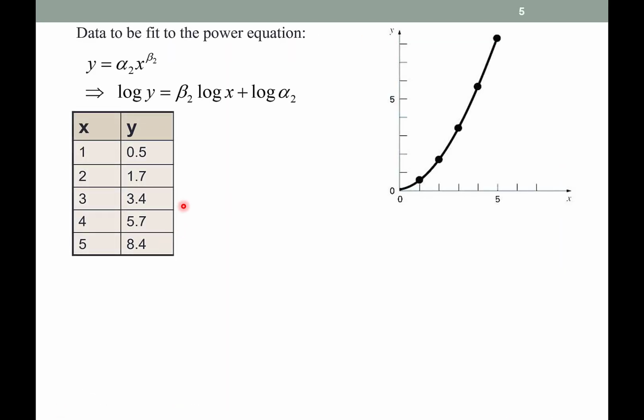Here we have an example where we're using the power model. We have y equals alpha x to the beta 2, and we linearize it by taking the log of both sides. And you can see here log y equals beta 2 log x plus log alpha 2. Again, we said this is the y-intercept, and this is the slope, and this is the raw data points, x's and y's.